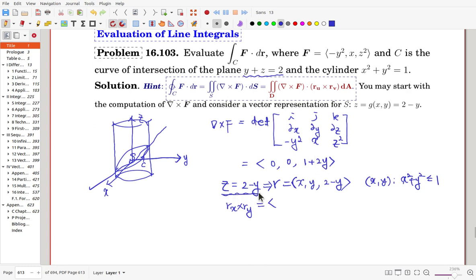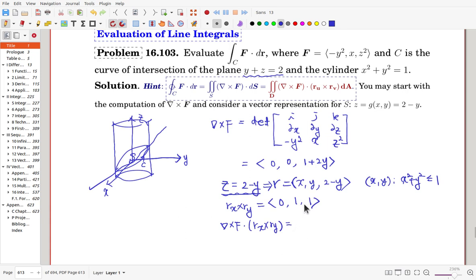from here, minus g sub x, which is 0, minus g sub y, which is 1, and the final is always 1. So we try to get the dot product, r sub x cross r sub y with the curl.